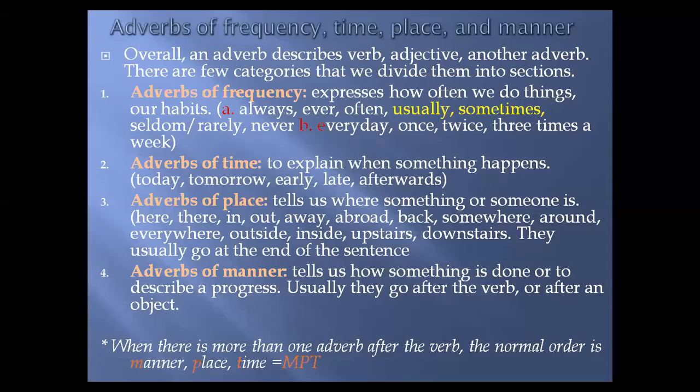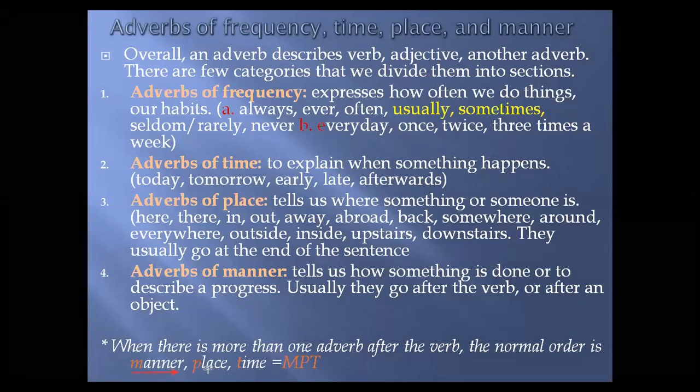First goes manner, adverb of manner, and second, place, adverb of place, and then goes time. So MPT, the order of the adverb is MPT. M for manner, P for place, T for time.